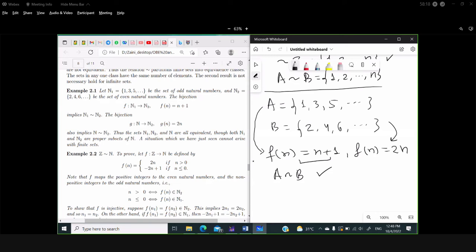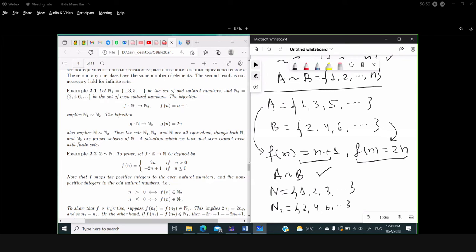And what about the second function? The bijective function from N to N2. Now, if I take this function, it maps the natural number set 1, 2, 3, and so on, onto N2, only the even numbers.